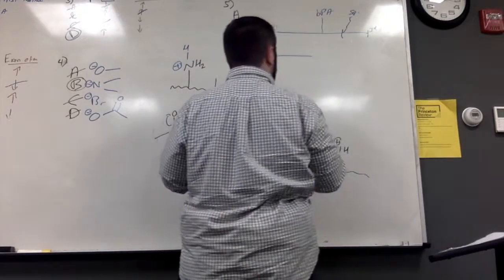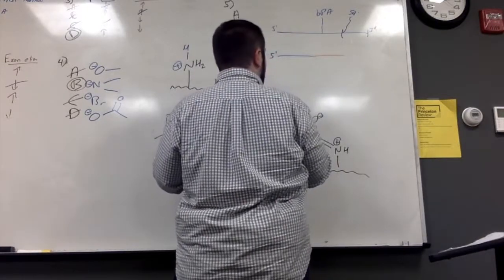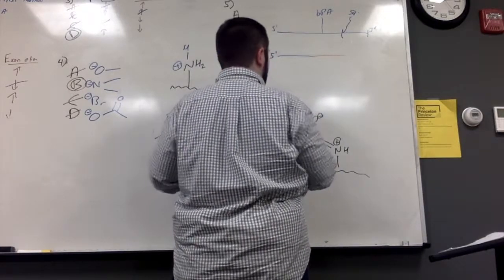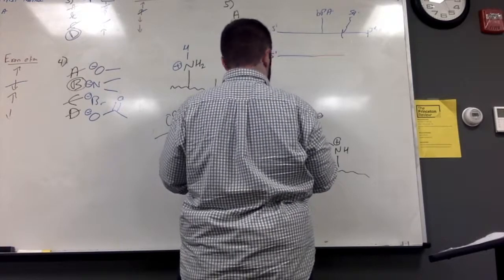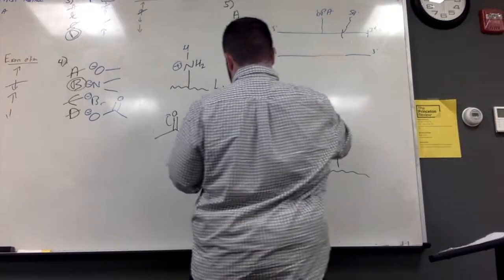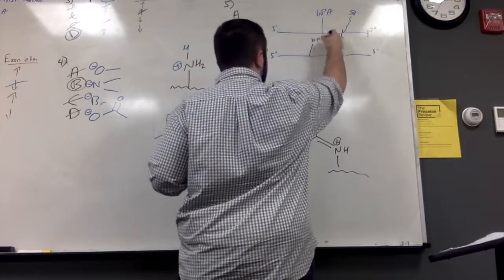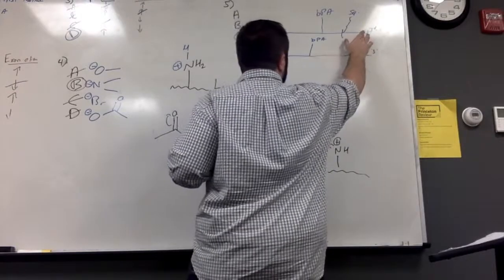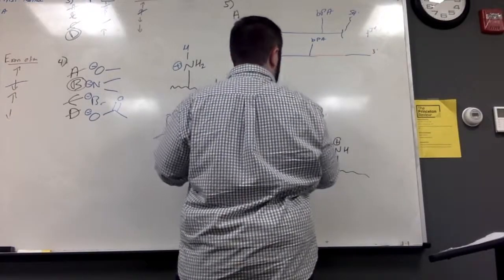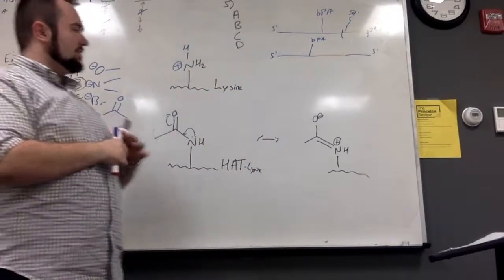Let me try to find a different color here. Okay, and our BPA should still be in the same spot. We just changed the color of the strand that we moved. All right, so basically we're taking that orange strand and we're moving it somewhere else.